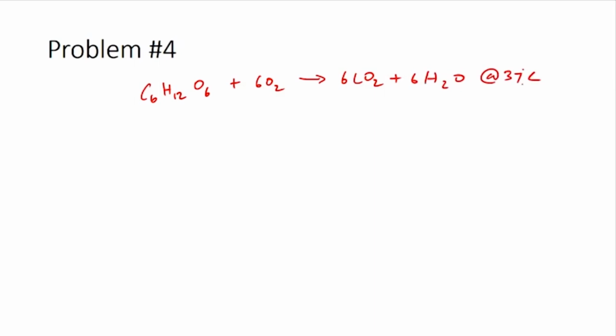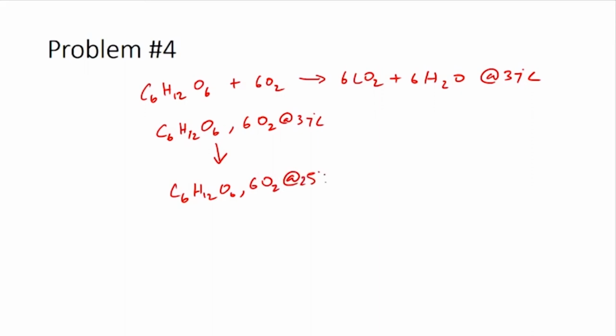So, this is the real reaction which is happening. This means reactants at 37 degrees Celsius are reacting to form products at 37 degrees Celsius. Instead, we are going to change this into a hypothetical path where you have reactants, glucose and 6 moles of oxygen, at 37 degrees Celsius being cooled to reactants at 25 degrees Celsius.